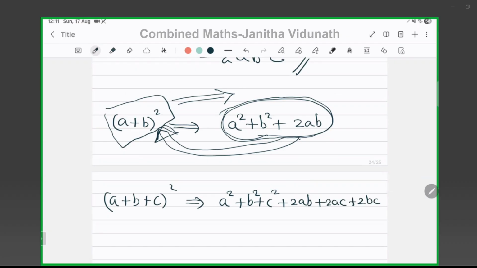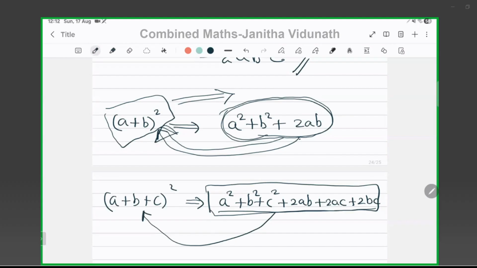Now, if someone gives these expressions, we need to write that down like this. It is somewhat more difficult than the expansion of this. Okay. Now, let's try to identify how we can do this expansion back again.